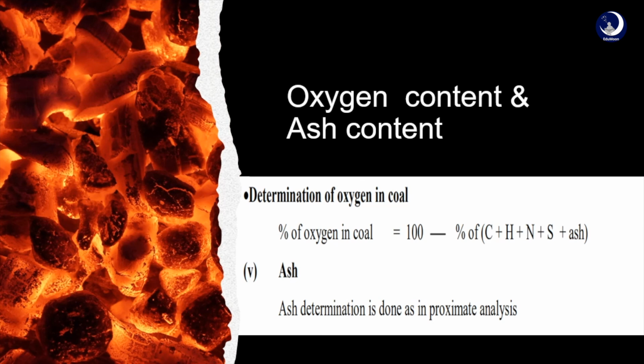So the presence of oxygen will lower the quality of coal, and the percentage of oxygen in coal is given as 100 minus the percentage of C plus H plus N plus ash.